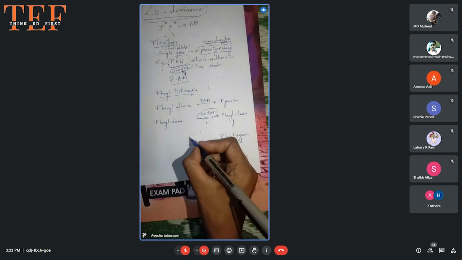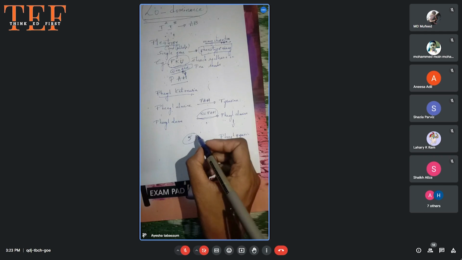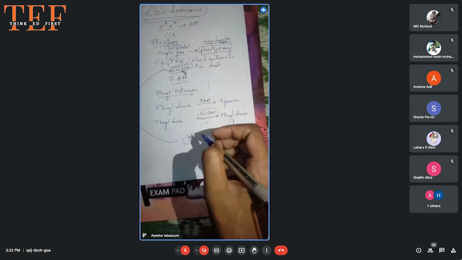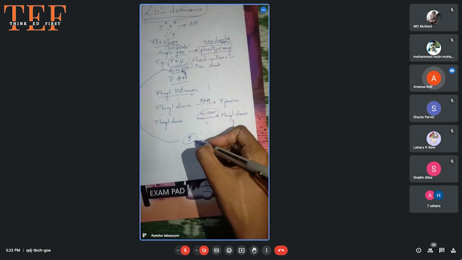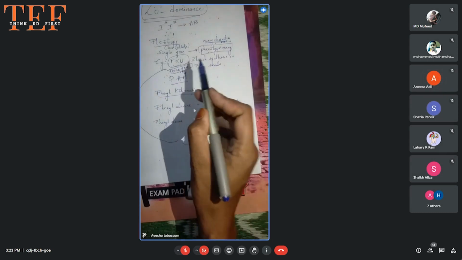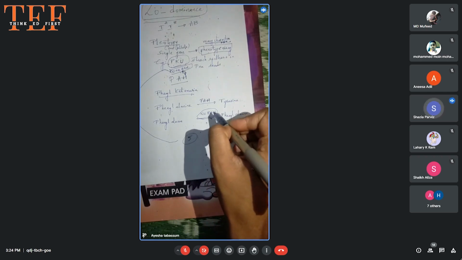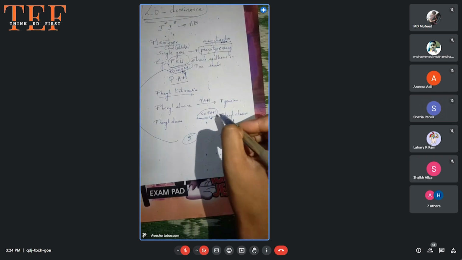Around 5 symptoms are being produced, and they are because of how many genes? One gene, responsible for synthesis of phenylalanine hydroxylase enzyme, which is defective.